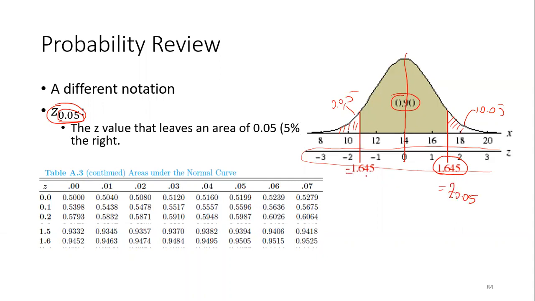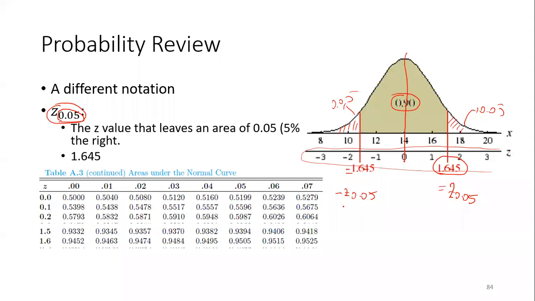How about minus 1.645? Since this is symmetric, this is equal to minus Z sub 0.05.